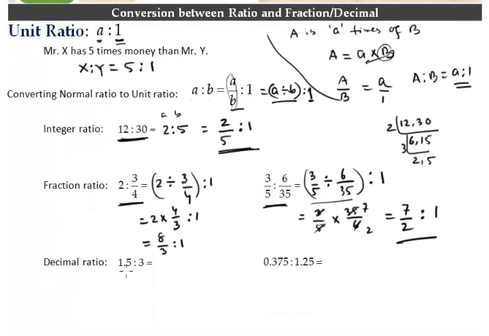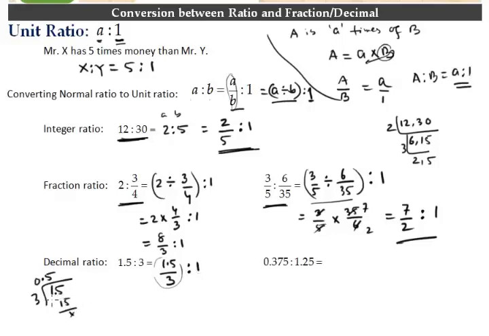Let us see 2 more examples where the quantities are given in decimal. So 1.5 ratio 3. It will be 1.5 divided by 3 ratio 1. We now need to calculate this part. 1.5 divided by 3: 15 divided by 3 is 5, and since there is a decimal here, we will get a one-digit decimal.